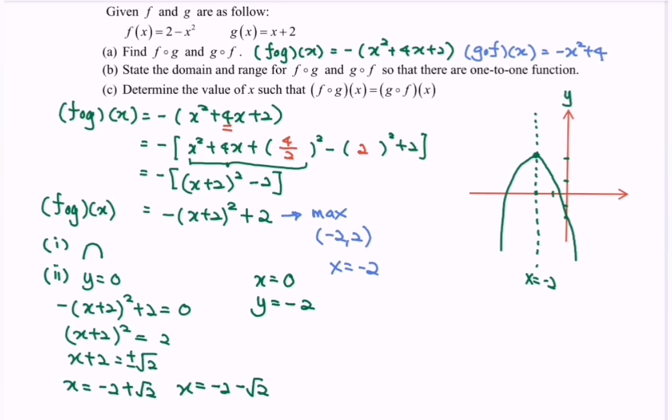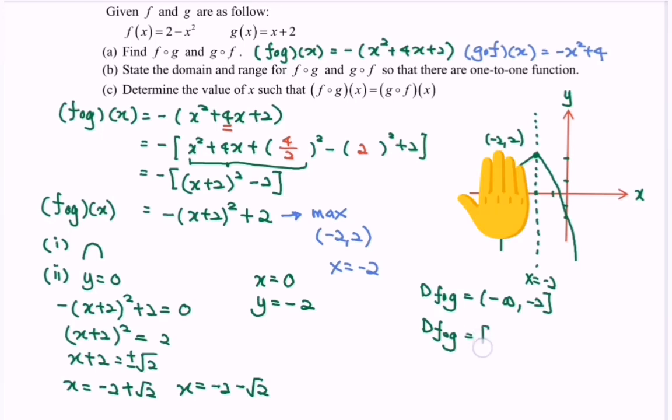Here we have the y-axis, the x-axis, and the maximum point (negative 2, 2). Kindly refer to the situation. State the domain and range for the function f∘g so that it is a one-to-one function. As we can see, the domain is actually all real numbers. But in order to make it one-to-one, the domain for f∘g would start from negative infinity until the value negative 2, or the domain would start from negative 2 until positive infinity.